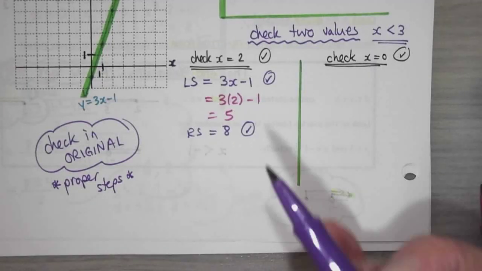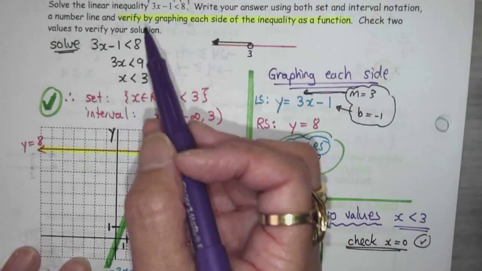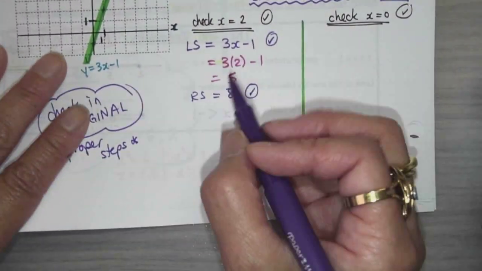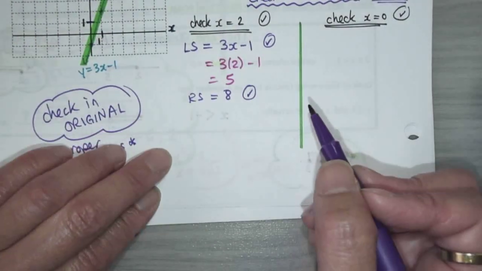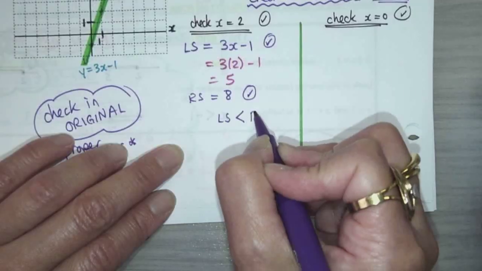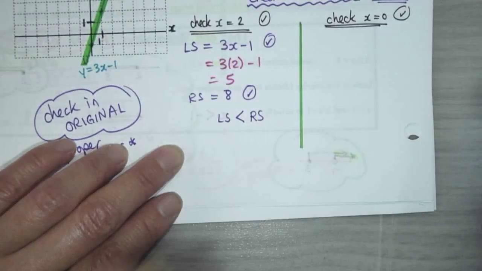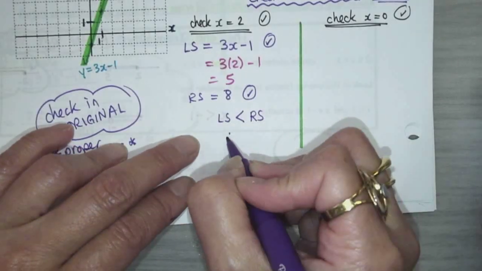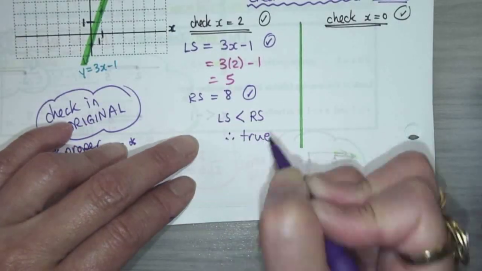What I'm looking for is that I want my left side to be less than my right side, for my original. So is my left side less than my right side? My left side is less than my right side. So that means it's still valid, it's still true. So I would usually say, therefore, true.